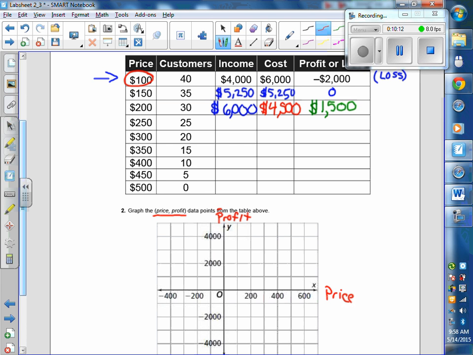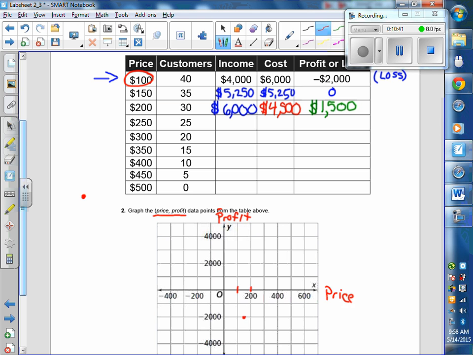To plot that point, I have to go from the zero, from the origin. So I'm going to start at the origin, and I'm going to go over 150. This would be 100. So 150 is right there, and I lose $2,000. That's my first point. In other words, since this is 200, this is only 100, so 150 is halfway in between.